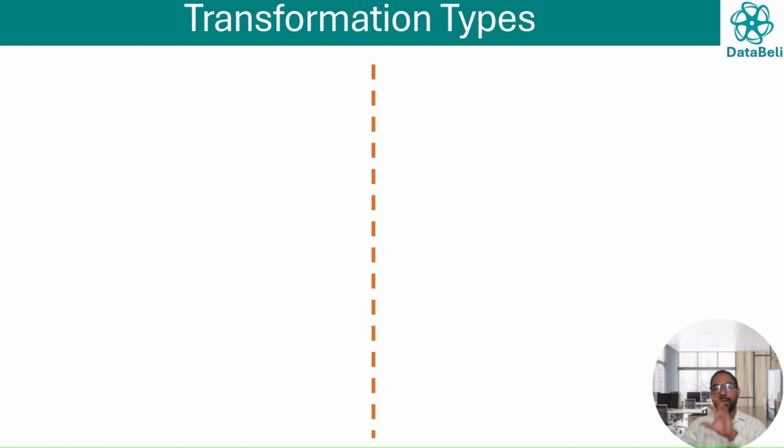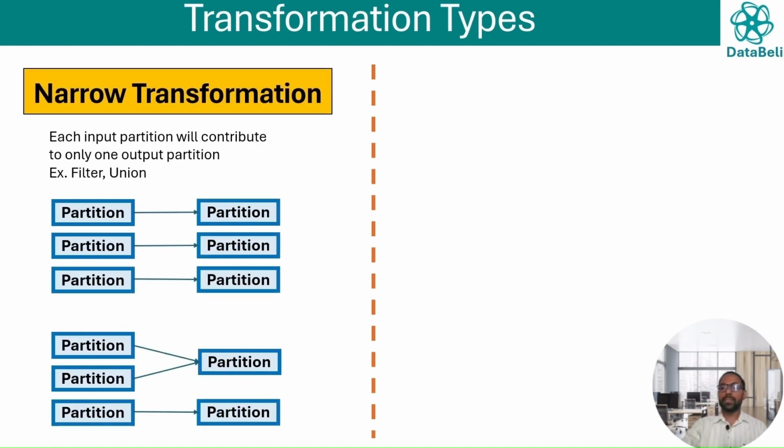There are two major categories of transformation which we shall be aware of. One is called narrow transformation. So in narrow transformation, each of the input partitions contributes to only one output partition. So let's say we are doing some transformation from step 1 to step 2, and each partition is contributing to only one output partition. So it can be 1 to 1 or many to 1 also.